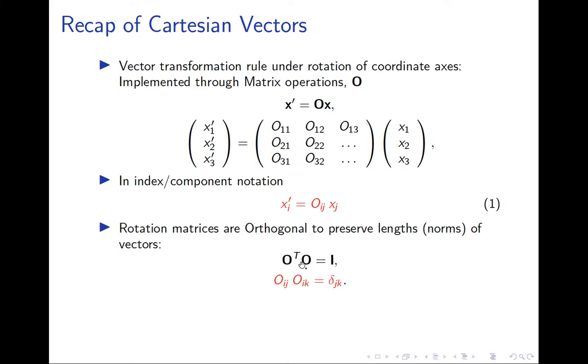So determinant of O squared equals 1. That means determinant of O is plus or minus 1. Now the plus 1 case corresponds to rotations, and the minus 1 case corresponds not to a rotation, but to a reflection, or change of handedness of the frame.